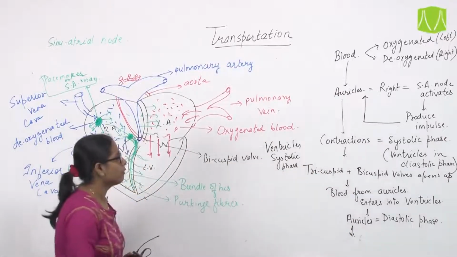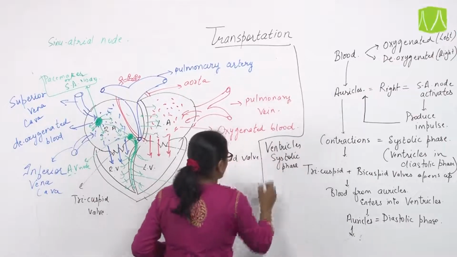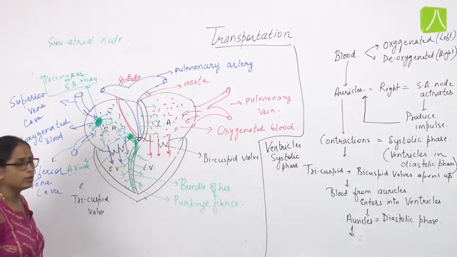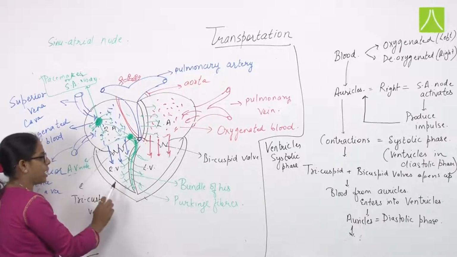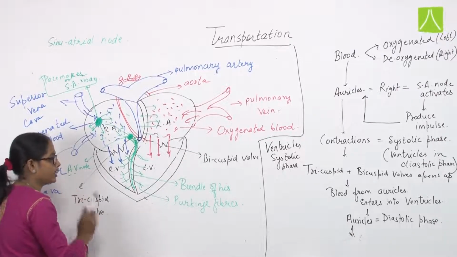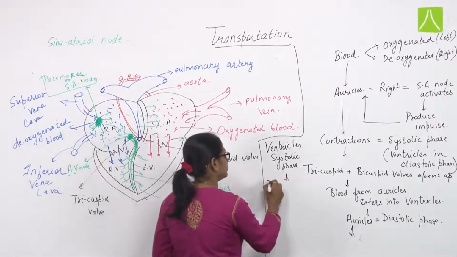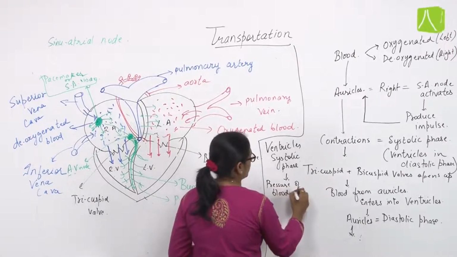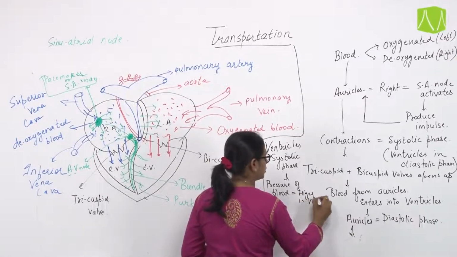Fine. Now when the ventricles undergo the systolic phase, how do they enter it? Because of the signal or impulses transferring through the route of AV node to bundle of His and bundle of His to Purkinje fiber, the ventricles undergo systolic phase. And when the systolic phase takes place in the ventricle, the pressure of blood gets higher in the ventricles.